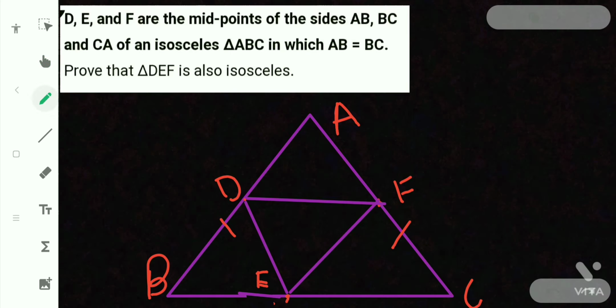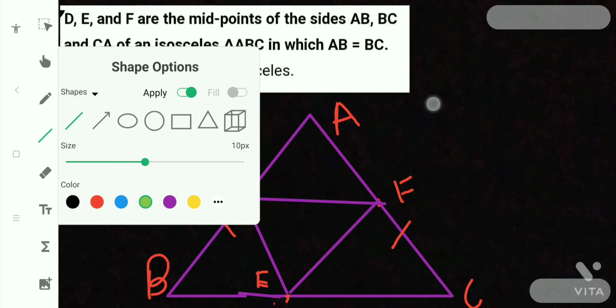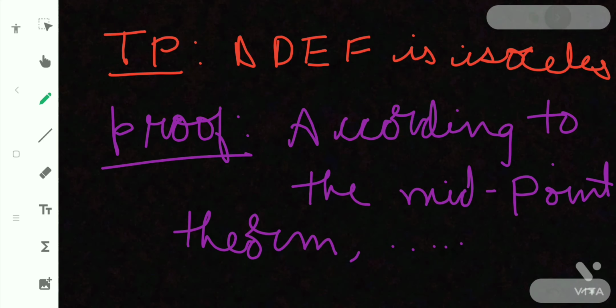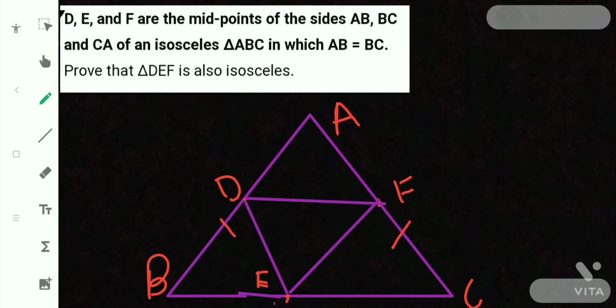So we need not write parallel now. Equal to half of it, that's enough for us to prove it is isosceles, as DE is equal to half of AC. And in the same way, EF is also joining two midpoints in this triangle ABC.